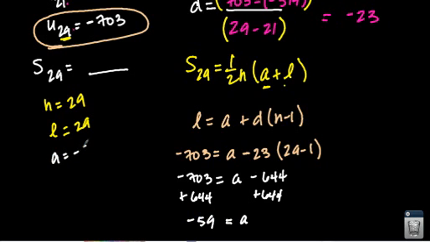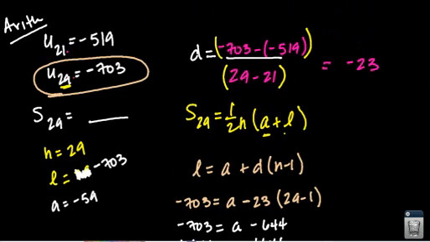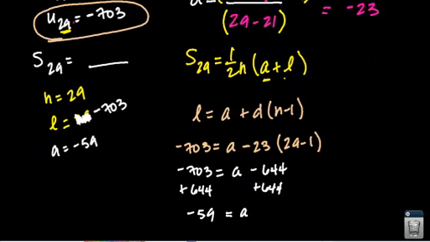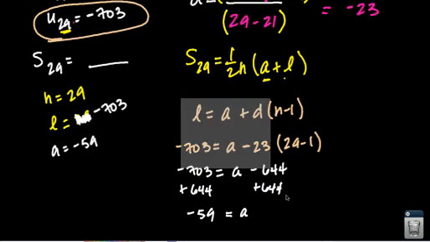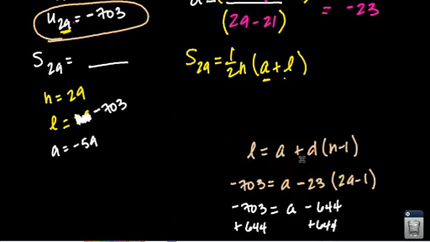Alright, so I noticed I just wrote 29 for the last term here, and it's not the last term. It's negative 703. All right, so now that I know my value for A, I can go ahead and find the sum of this sequence.